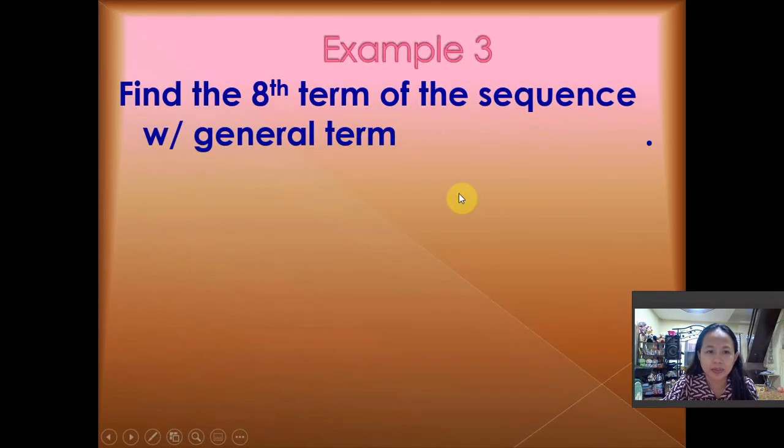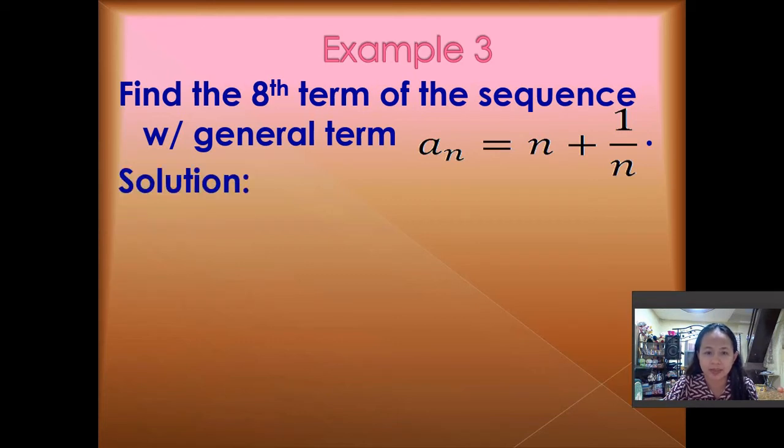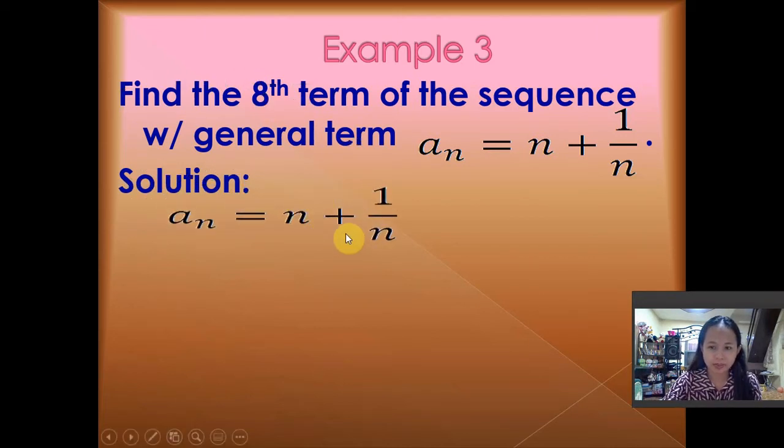Another example. Example number 3, find the 8th term of the sequence with general term, the nth term is equal to n plus 1 over n. Solution. We have our general term, that's a sub n, or the nth term, is equal to n plus 1 over n.